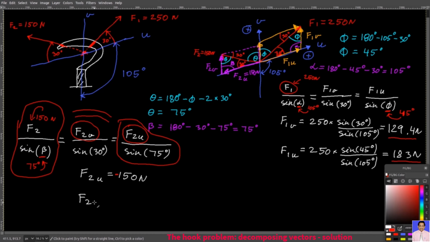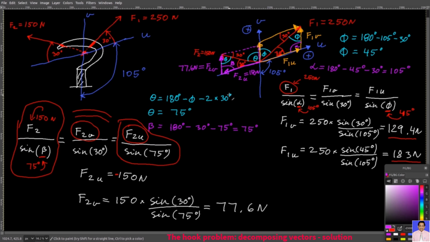And now F2V equals 150 times sine 30 degrees over sine 75 degrees, and that will be 77.6 newtons. So that's this one here, F2V, 77.6 newtons. And this one is positive because it's in the positive V direction.